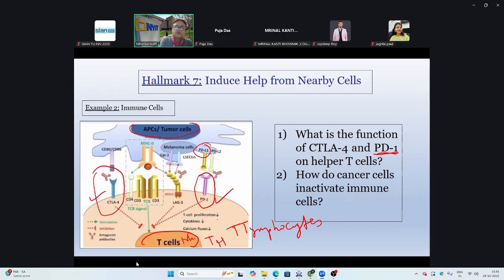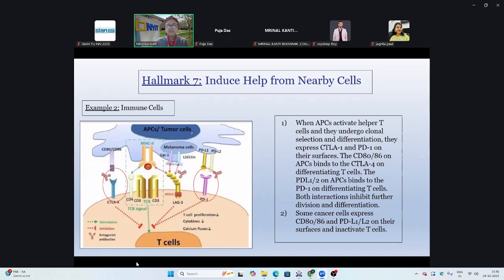These cells typically have a job to go play tag, touch somebody, and that bad cell that it touches should normally die. So the cancer cell will manipulate this PD-1 and CTLA-4. The cancer cells will inactivate the immune cells. Here's your cancer tumor cell or your melanoma cell.